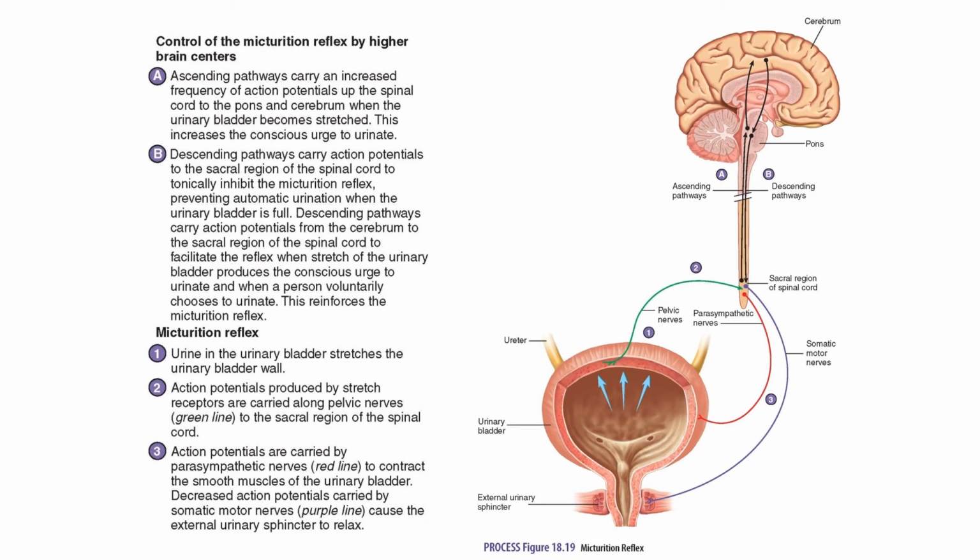So action potentials are carried by the parasympathetic nerves in red to contract the smooth muscles of the urinary bladder, and then decreased action potentials carried by the somatic nerves, or the purple ones, cause the external urinary sphincter to relax.